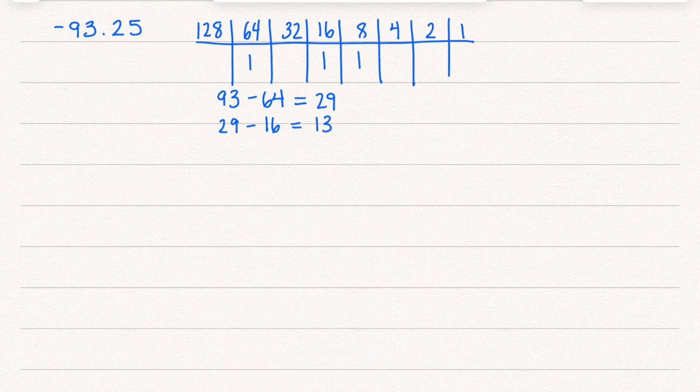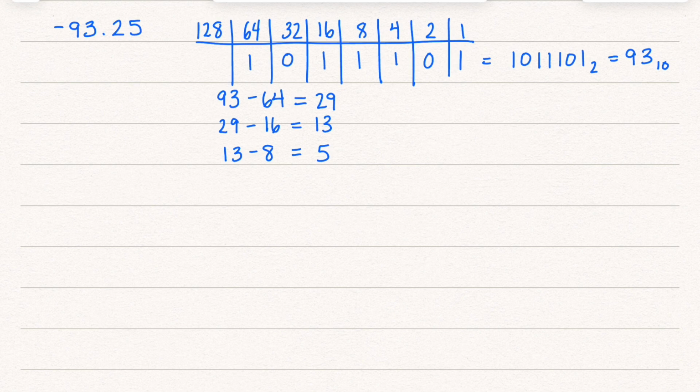So I can use the 8, which gives me 5 left over. So I can use the 4 and the 1. So if I do 1 plus 4 plus 8 plus 16 plus 64, I should get back to 93. And I'm just going to put zeros into these empty spots here that I haven't used. So that means that 1, 0, 1, 1, 1, 0, 1 is the same as 93 in decimal.